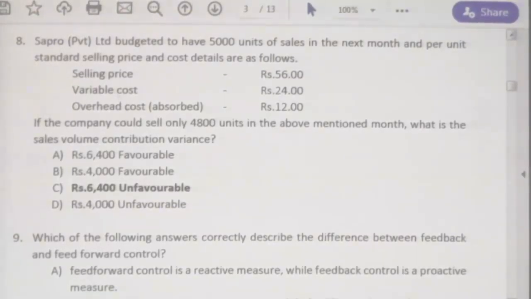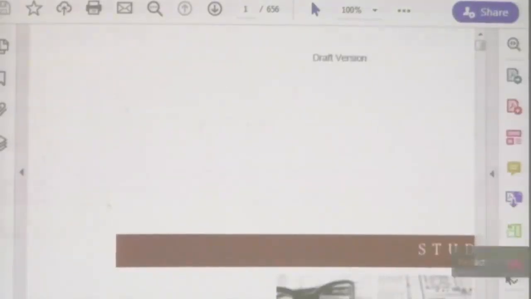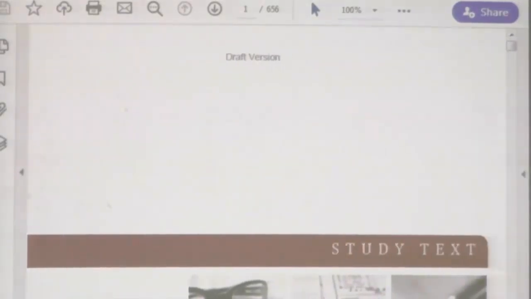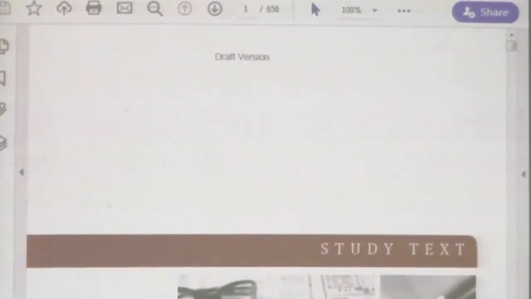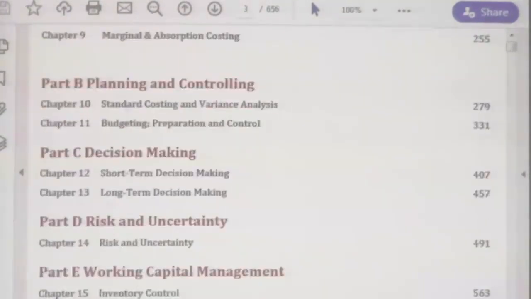Therefore, first of all, you must know how to calculate sales variances. Therefore, I will bring you to our study text. In the study text, we have a separate lesson for variance. Let's take the lesson first. Chapter 10, page number 279.